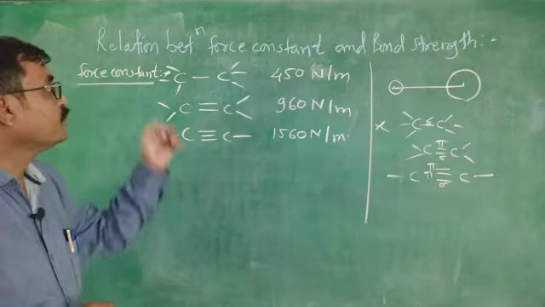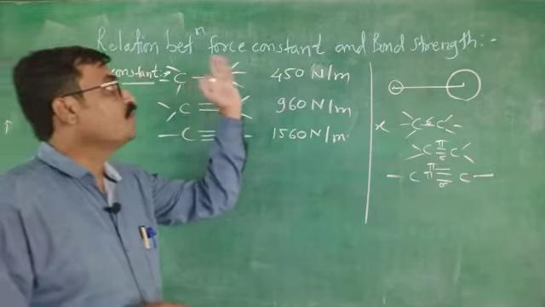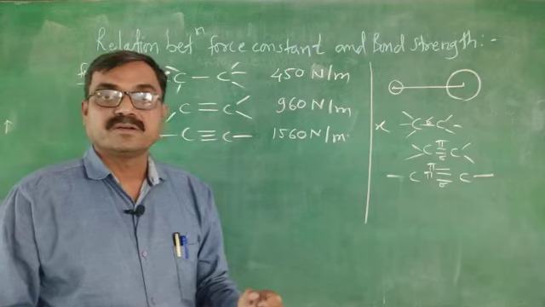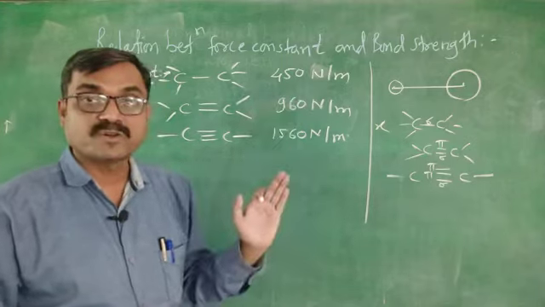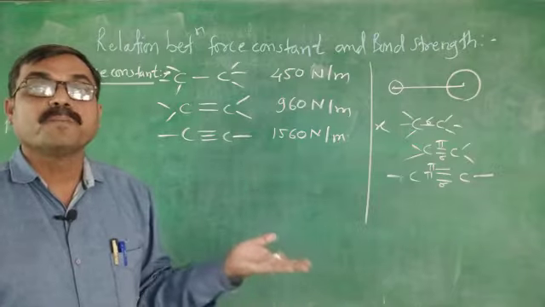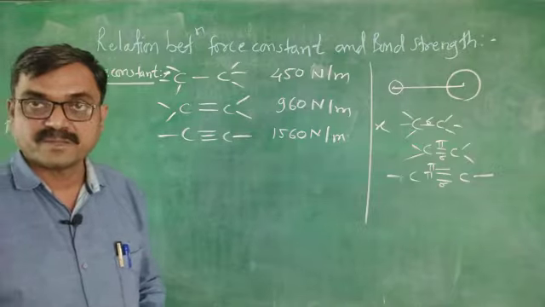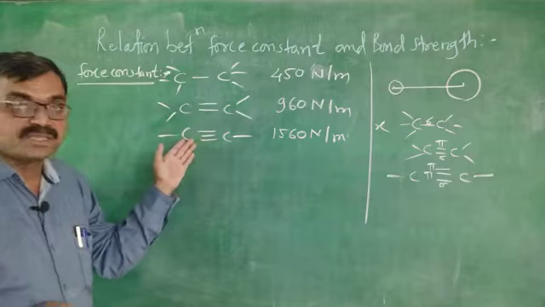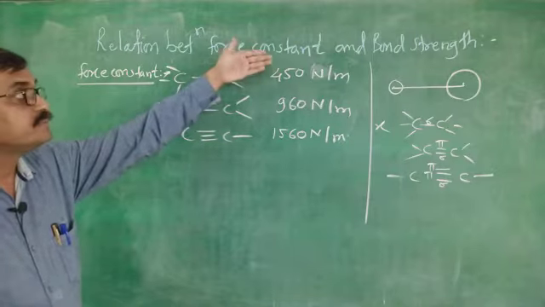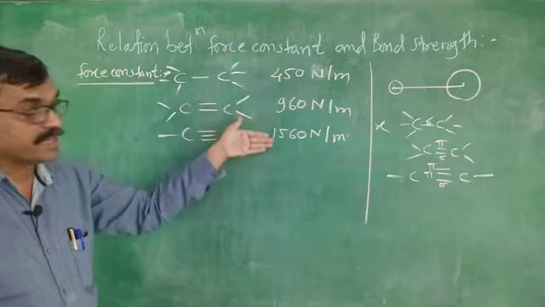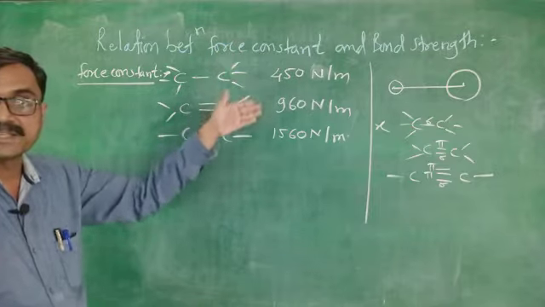That's why we have to see the relationship between force constant and bond strength. What is the force constant? It is the restoring force per unit displacement. Now as we see in this example, the value of the force constant increases.